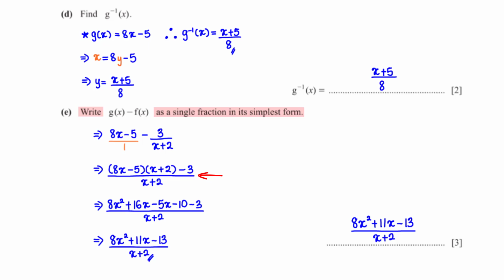When we expand (8x minus 5) times (x plus 2), we get 8x squared plus 16x minus 5x minus 10. When we group like terms, 16x minus 5x is 11x. Minus 10 minus 3 is minus 13. So we have (8x squared plus 11x minus 13) over (x plus 2).